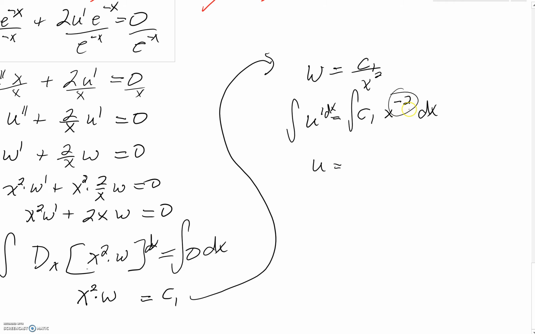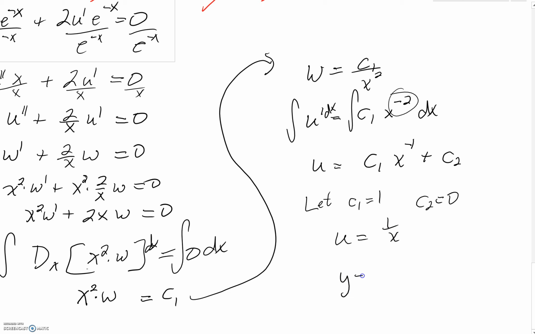It's going to become x to the negative 1, so we'll have c1 x to the negative 1 plus some other constant. But real quickly, let's let c1 be equal to 1 and c2 equals 0. And what will you really have? U is equal to x to the negative 1, or u is going to equal 1 over x.